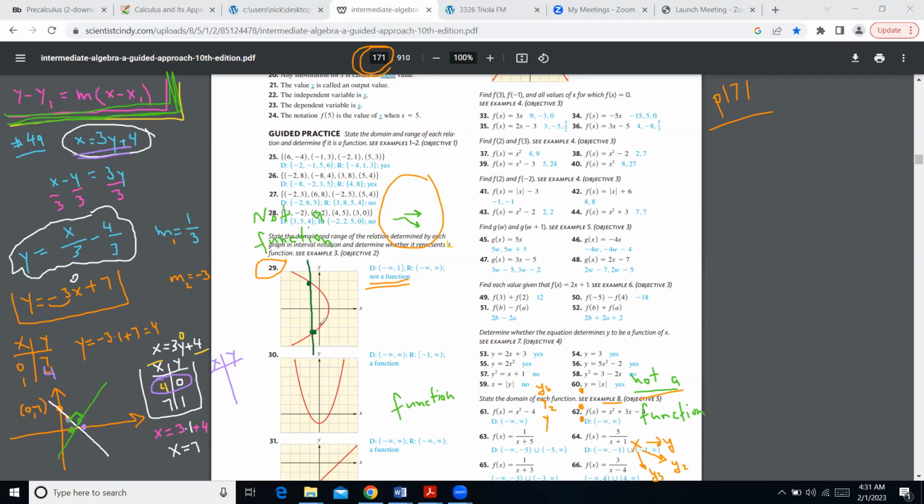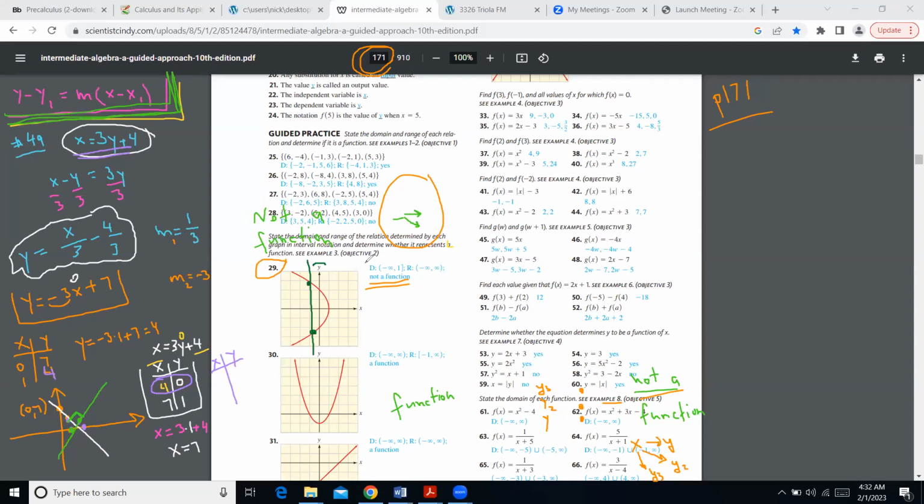Here's another vertical line, the y-axis. If you can find just one such vertical line, it's no longer a function, that's done. If you can find one vertical line that intersects at more than 1 point, then we don't have a function.